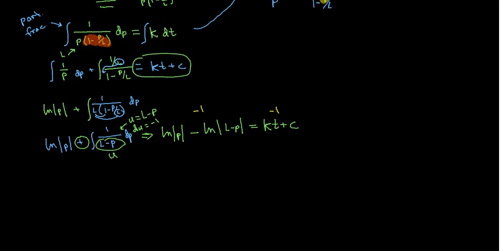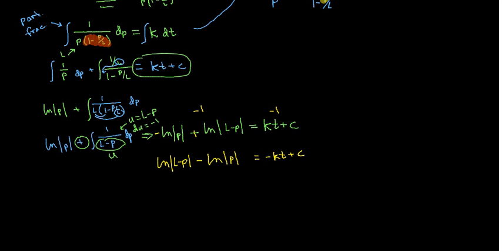It makes things a little bit easier later on. So this will become negative kt plus c, and then this one will become positive and this one will become negative. So I'm going to rewrite that as natural log. I'm going to switch them.